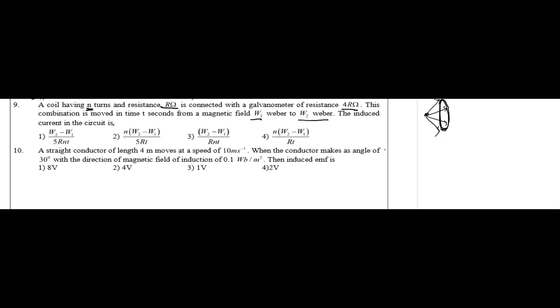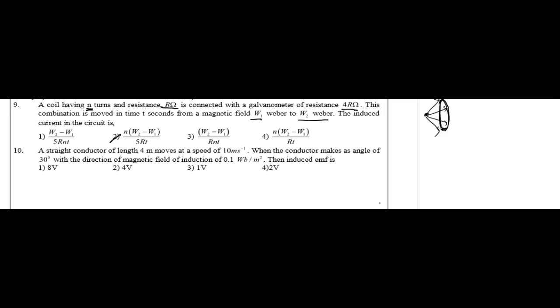The resistance is R ohm plus 4R, so the total is 5R, and the time is t. So I is n into (W2 minus W1) by 5Rt.